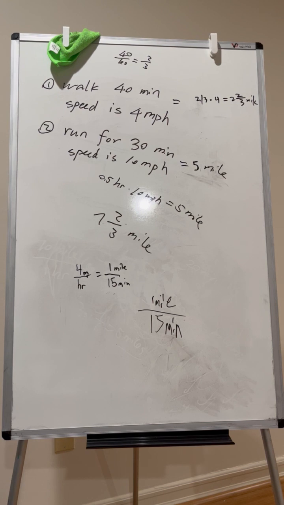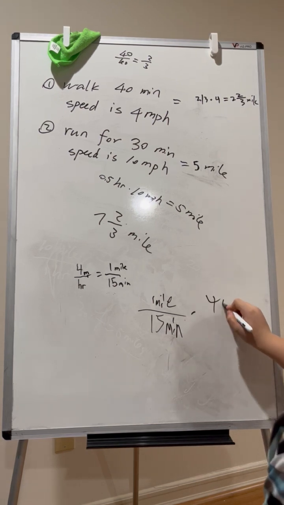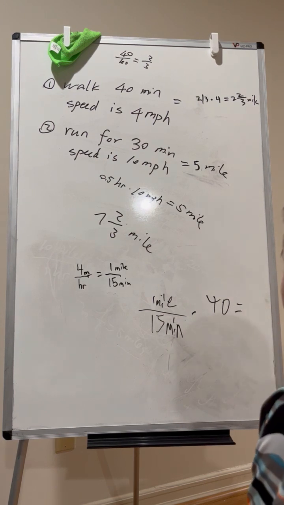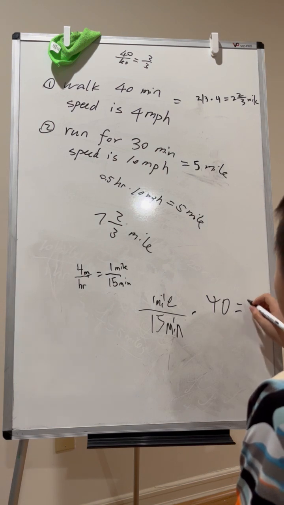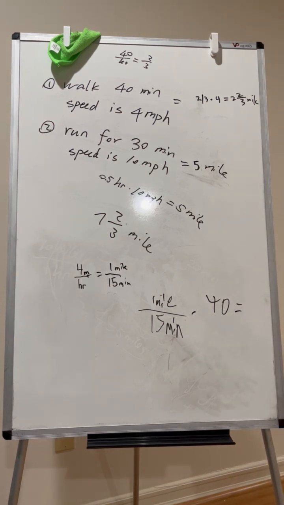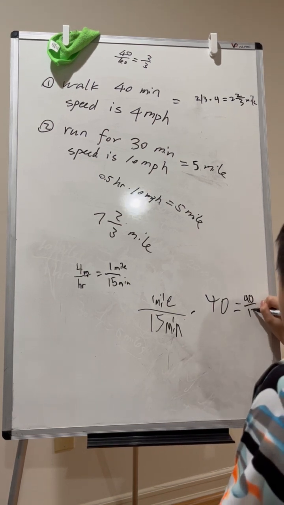Yes. So now you have 40 minutes. Multiply by 40 equals 40 15ths. Write it down so that the audience also knows what you are thinking about. Write it down first and then simplify it.